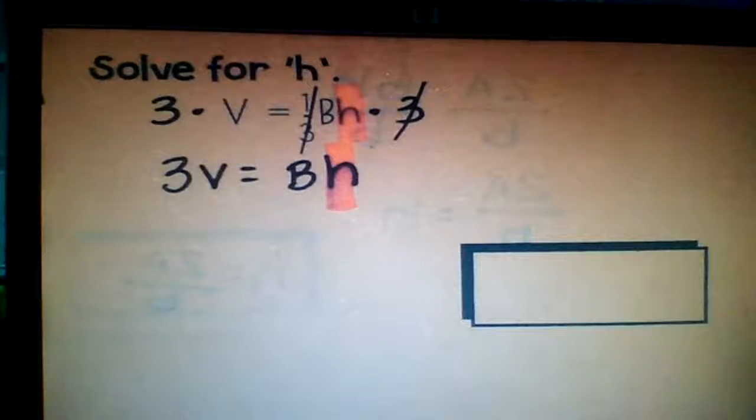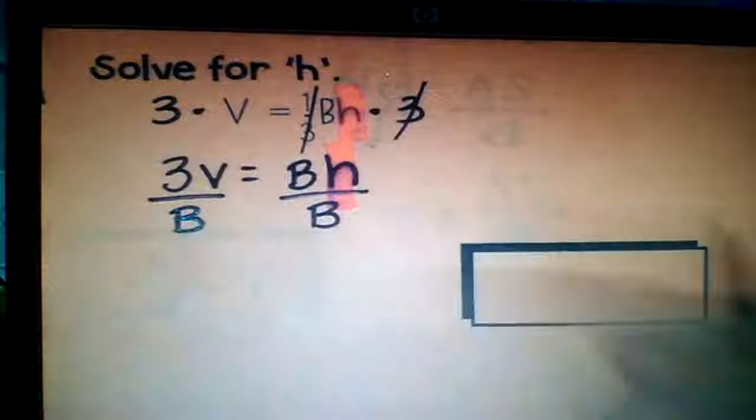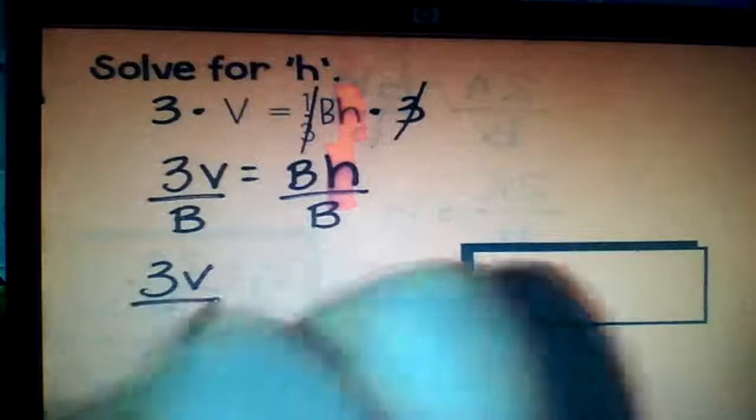My goal is still to get H by itself. So what do I have to do now? Divide by B, because remember, two letters side by side means I'm multiplying. Three V divided by B equals H. Is H by itself? Yes, so it goes in the box.